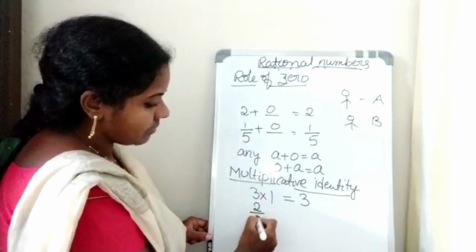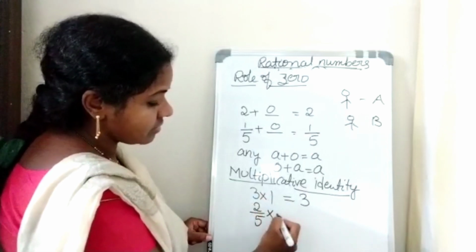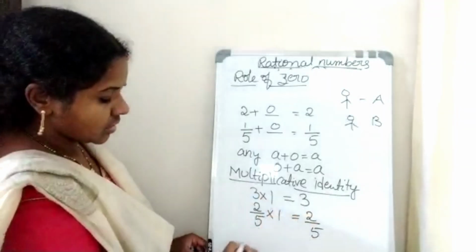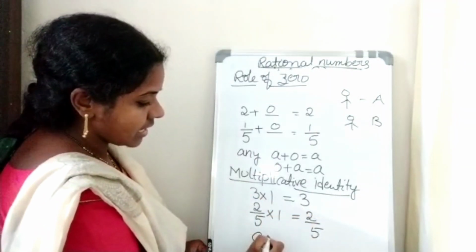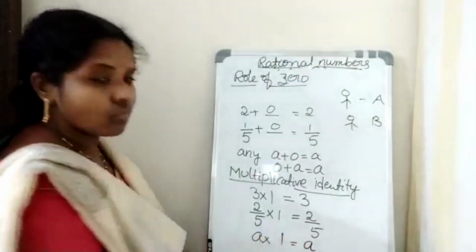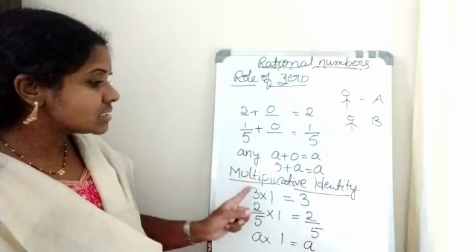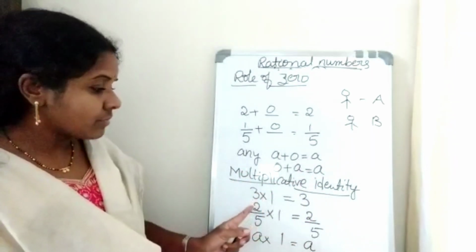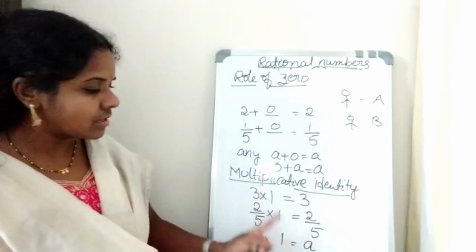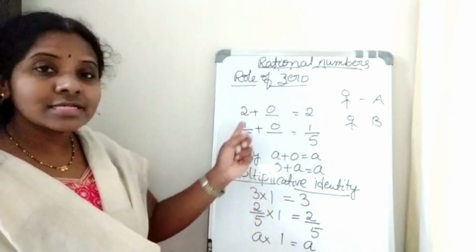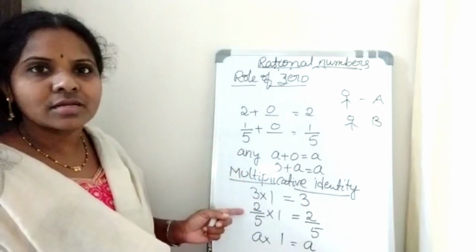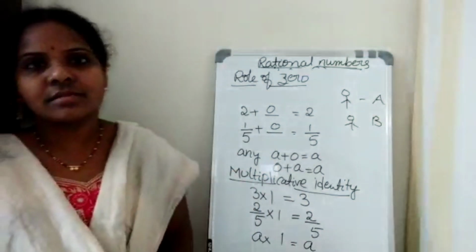Which rational number should 2/5 be multiplied by to get the same answer 2/5? 1. By which rational number a is multiplied, we get the same answer a? 1. So what is the multiplicative identity? By which number we multiply and get the same rational number again: 1. Very good. What is the additive identity? 0. What is the multiplicative identity? 1.